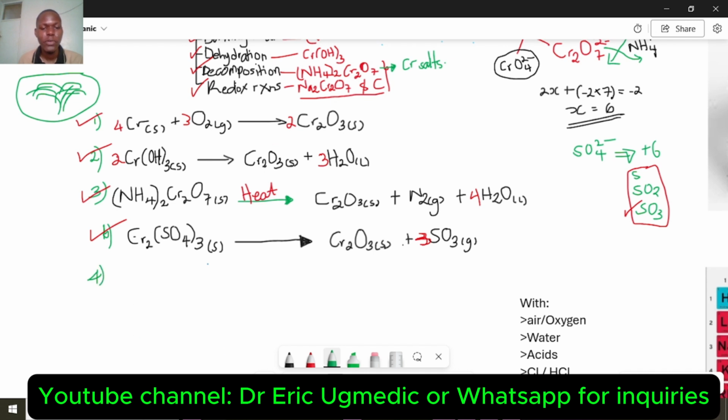So we have a decomposition, the redox reaction between sodium dichromate, this is a solid, normally dichromates are orange, and then I have carbon.